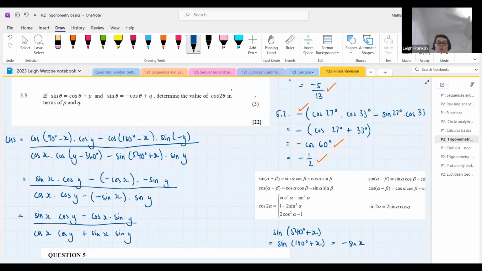So what do we think we're dealing with now in both numerator and denominator? What are they wanting us to work with? What do we have in numerator and denominator?